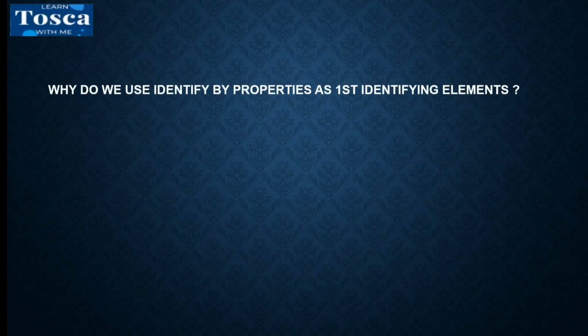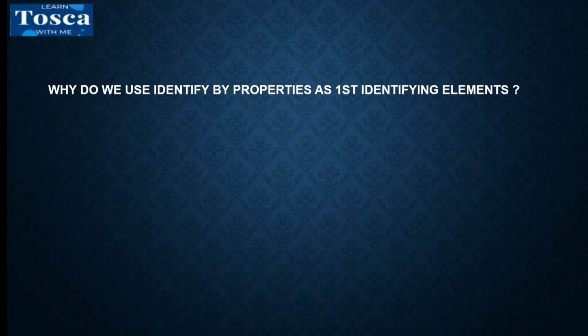So why do we use identify by property as the first identifying element? Whenever you try to scan any web page, as soon as you start scanning, you will see that by default it shows the technical properties for the web elements available on that page.